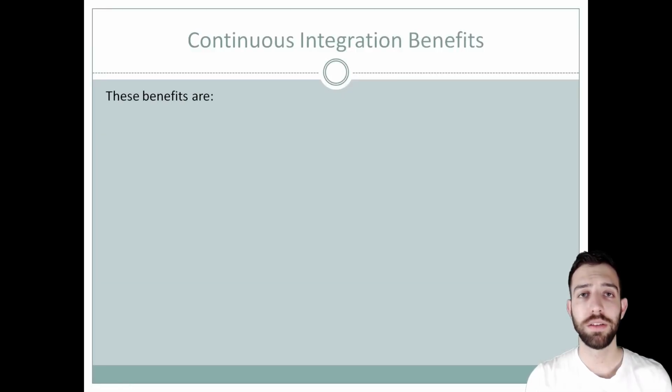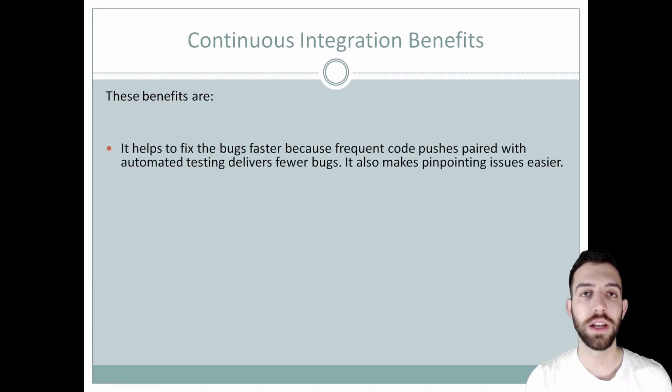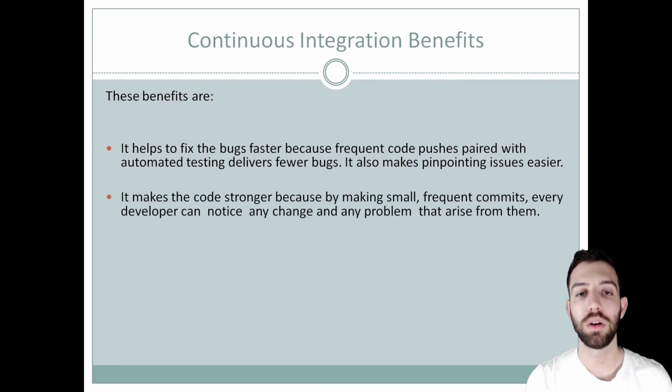Continuous integration benefits are not limited to the engineering team, but also help the whole organization. These benefits are, at first, it helps to fix bugs faster. Frequent code pushes paired with automated tests deliver fewer bugs. It also makes pinpointing issues easier. Secondly, it makes for stronger code because by making small frequent commits, every developer can notice the new changes and the new problems that arise from them.